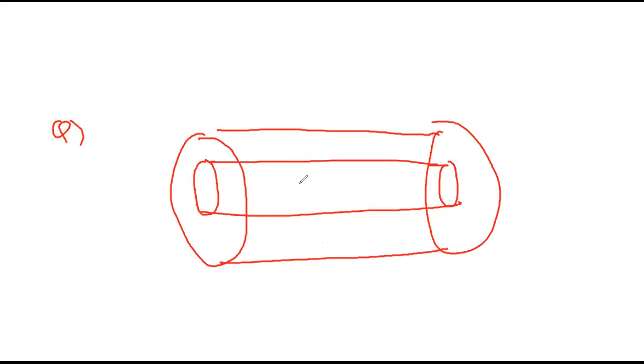This time current is not flowing like this, current is going in this manner. This way it is flowing. So from here to here will be length.